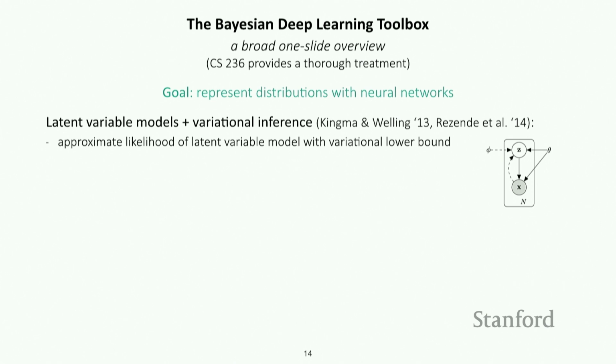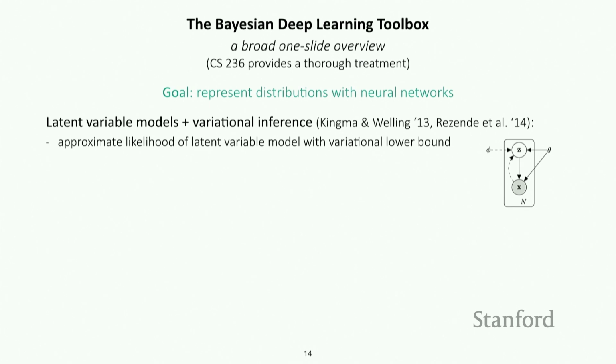This is the graphical model, for example, for a variational autoencoder. Then you can formulate a variational lower bound of the likelihood objective and use that to optimize over a distribution over x, where that distribution may be non-Gaussian because it has this latent variable. I'll go into a little bit more depth on this approach in a few minutes.